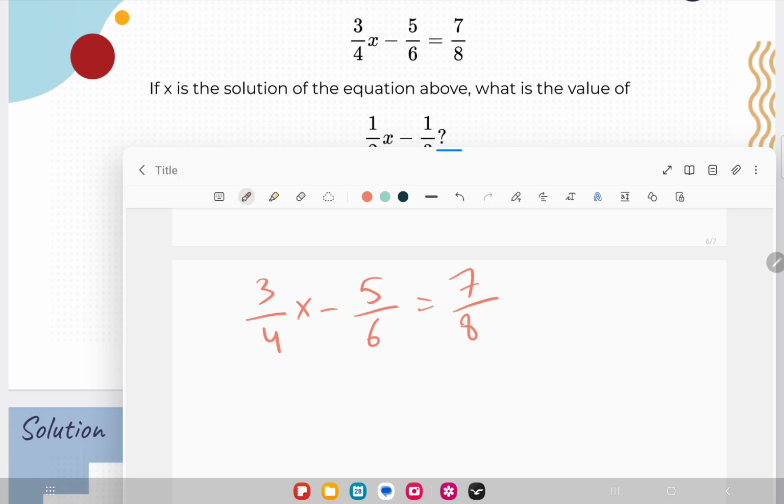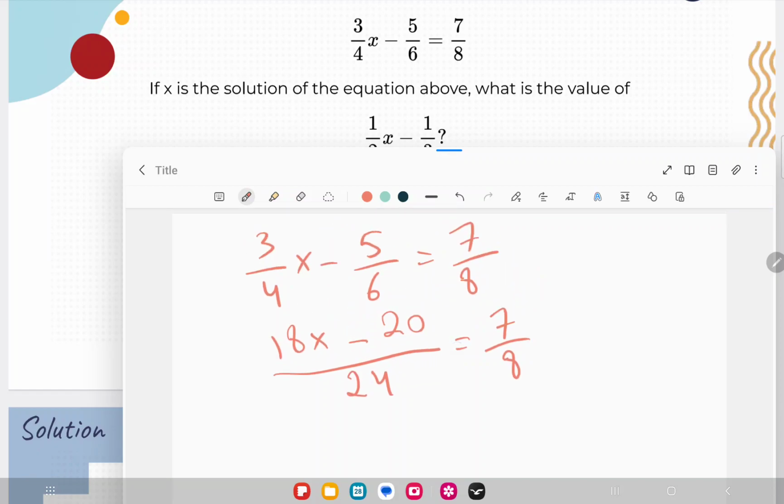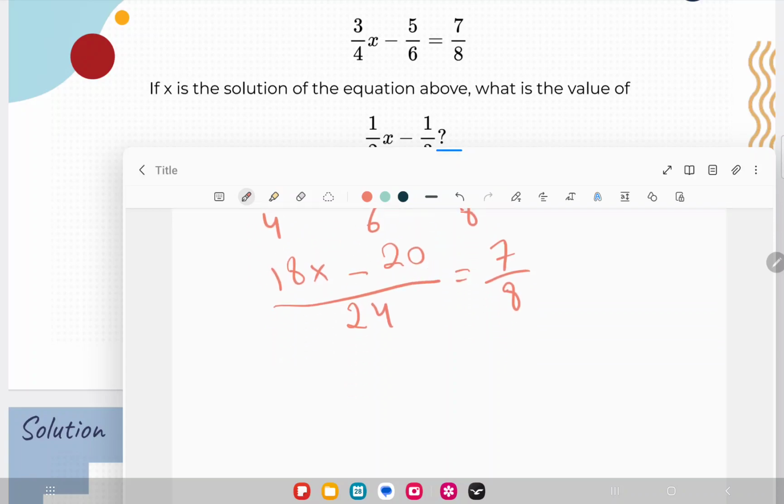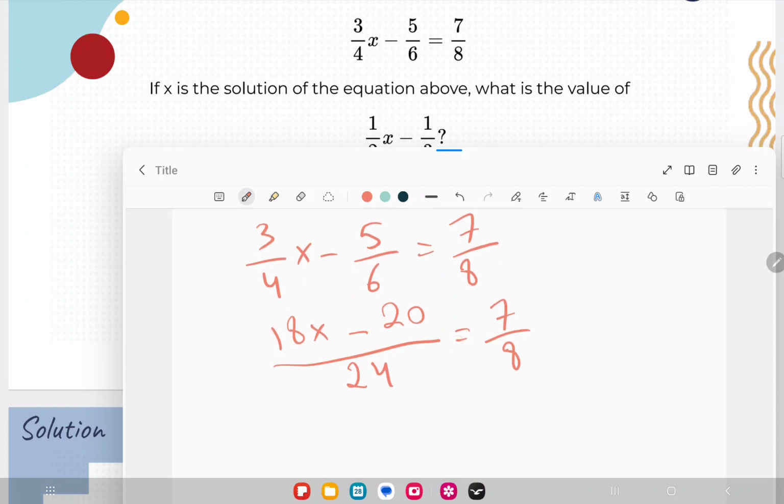If I start solving, 3 times 6 is 18, so 18x minus 20 over 6 times 4, which is 24, is equal to 7 over 8. Did I get it right? Yeah. Just like to double check. Double checking is important.